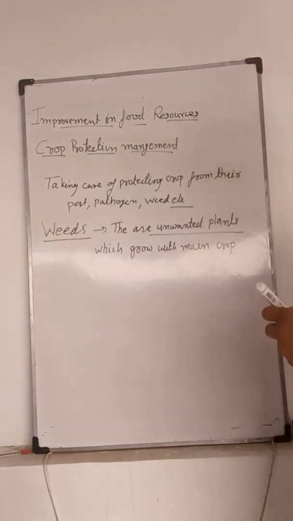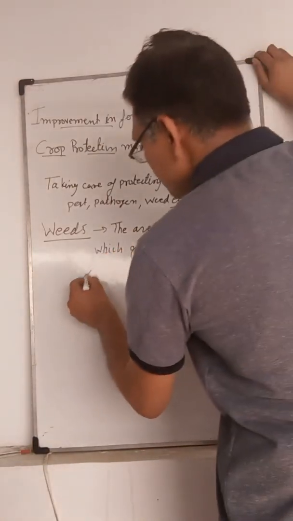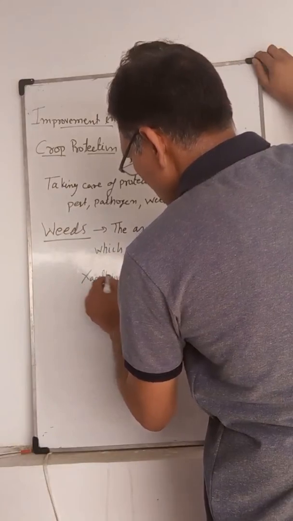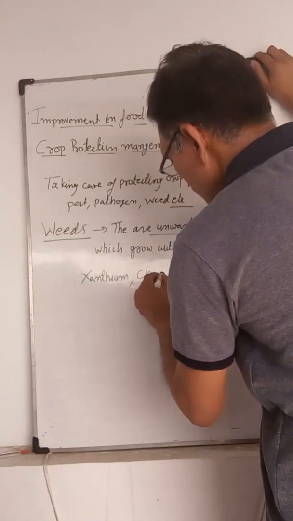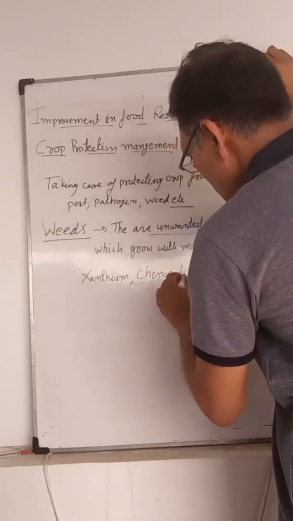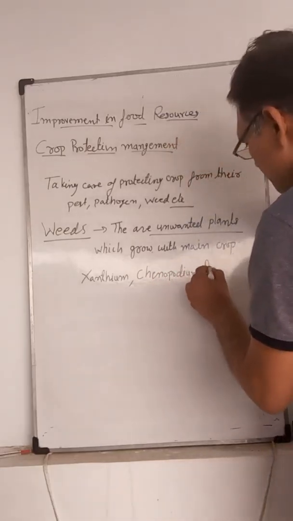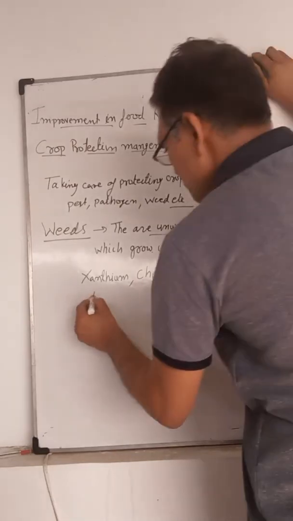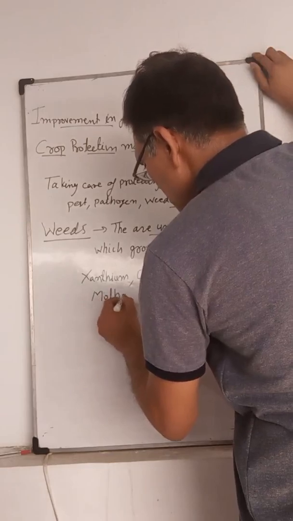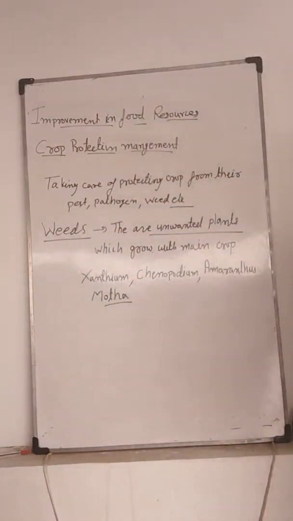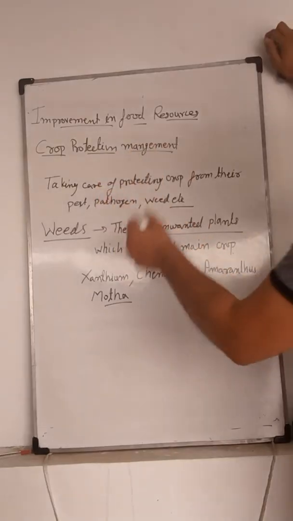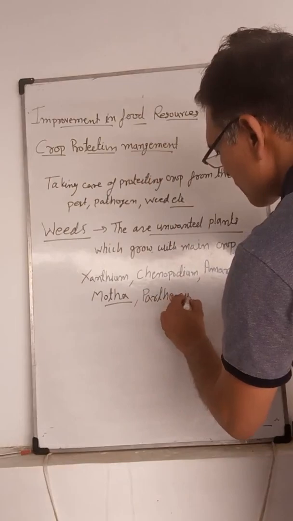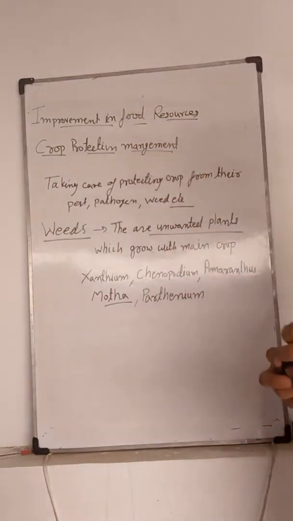These are xanthium, chenopodium, amaranthus, motha, and parthenium. These are the different types of weeds which grow with the main crops.